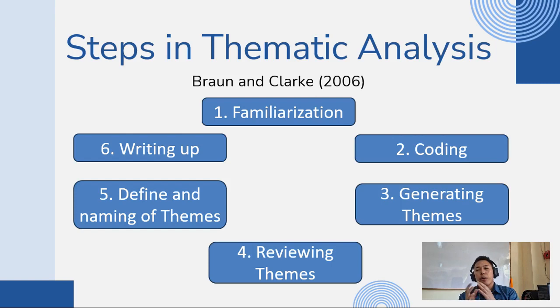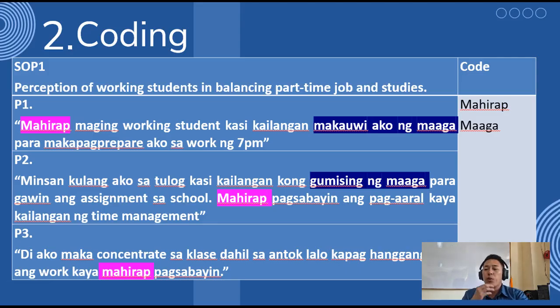And through familiarization, you are able to see if all the responses were able to answer your SOPs or statement of the problem. Now, after reviewing the responses, you move on to coding. When I say coding, here you are going to see the common patterns or answers from your participants.